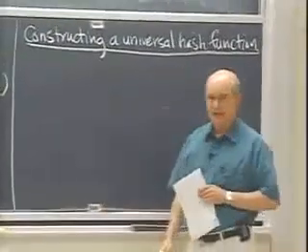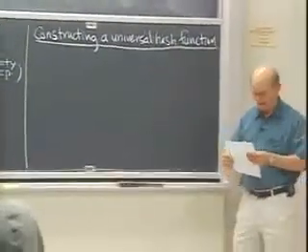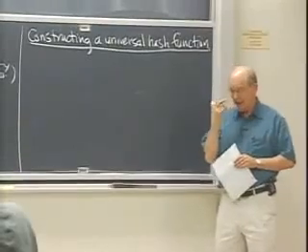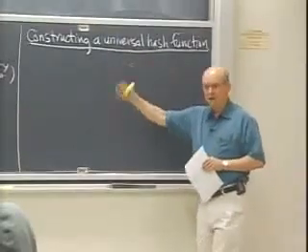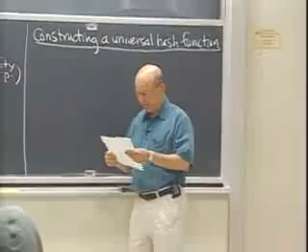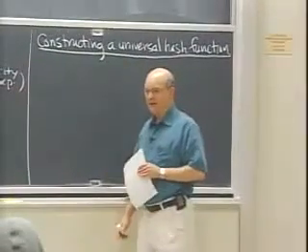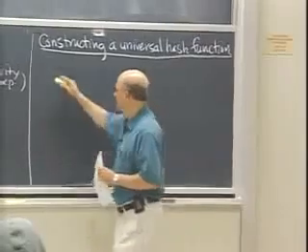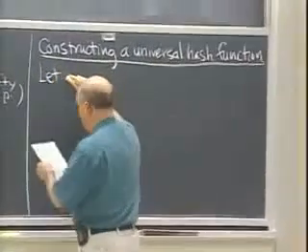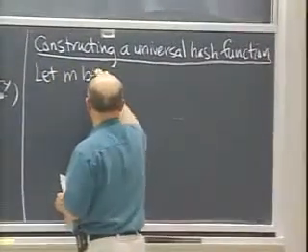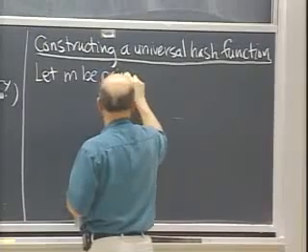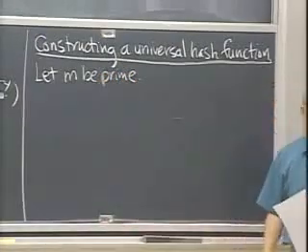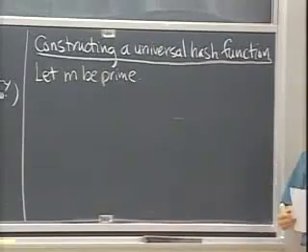This is a construction of a class of universal hash functions, and there are other constructions in the literature, and I think there's one on the practice quiz. So this one works when m is prime. It works when the number of slots is a prime number.